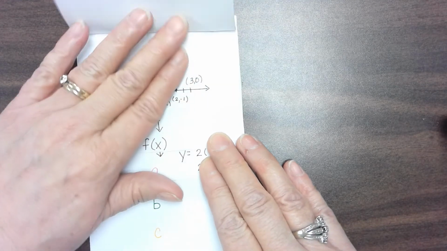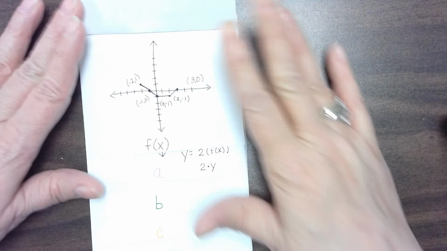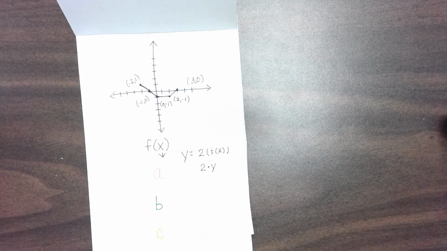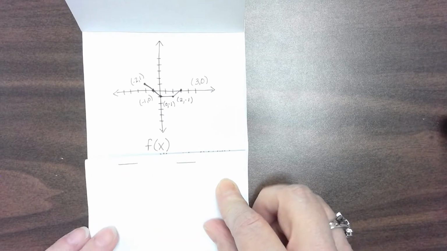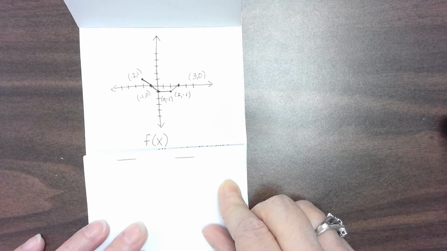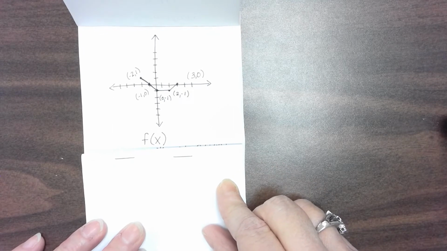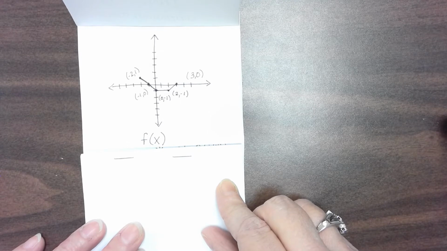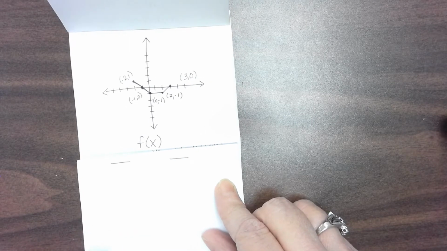The first flip that we're going to do is our parent. If you're looking at this, don't look at anything else, just look at this flap. This is our parent that we're going to change around. You know how when you're in class, I have a nice little parent on the board.